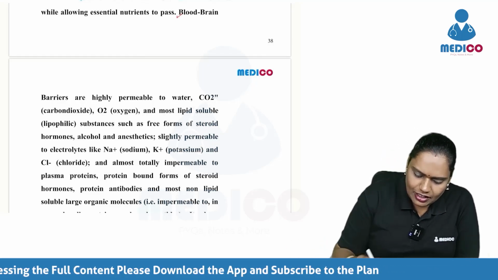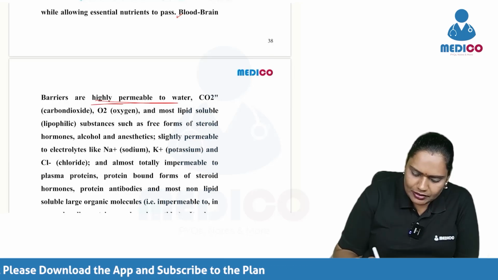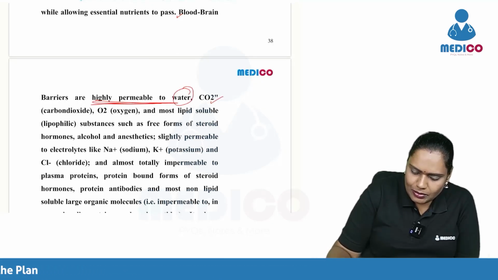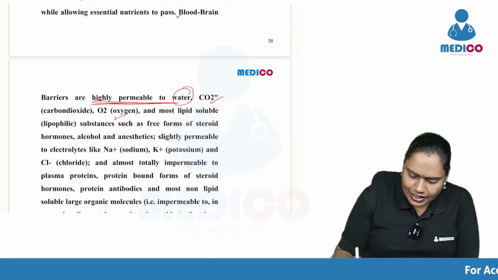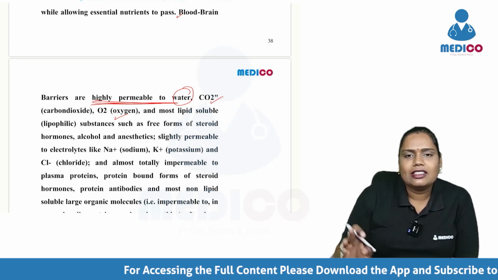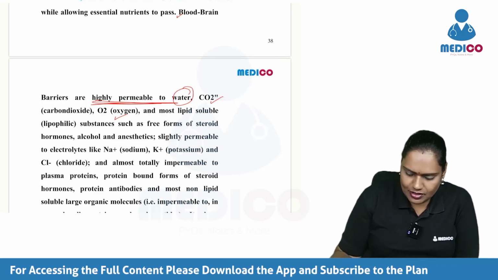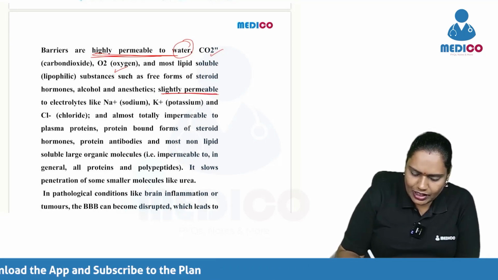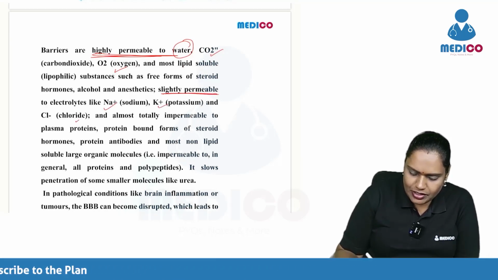You see here, highly permeable to water and any lipid soluble substances like gases and lipophilic substances like free forms of steroid hormone, alcohol, and anesthetic agents. So it is highly permeable to water, gases, and lipid soluble substances. Slightly permeable to electrolytes like sodium, potassium, chloride.